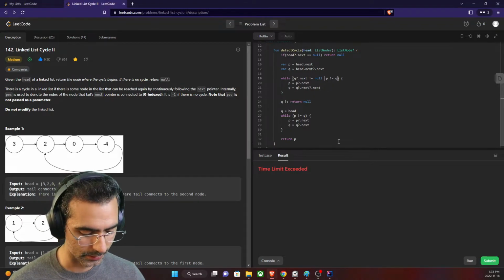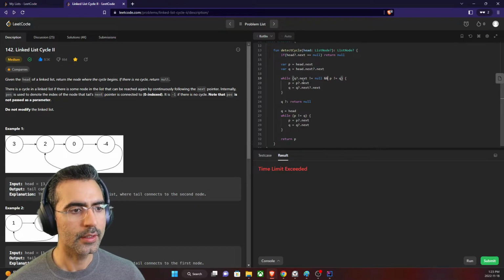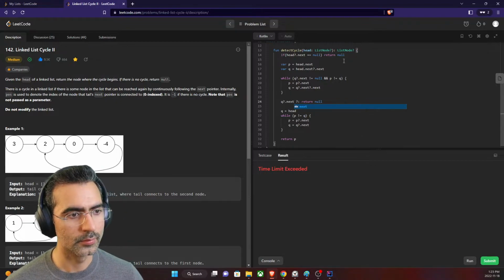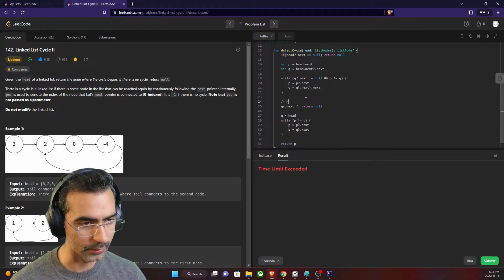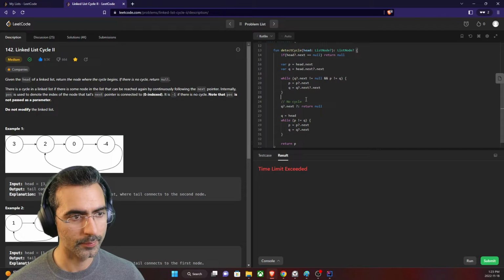Sorry guys, I have to revert this back. So either the q has reached the null element, or p is not equal to q. And here, if either p is null or its next element is null, then I'm going to return null, which means no cycle has been detected.